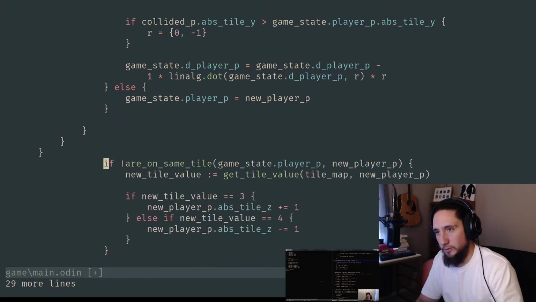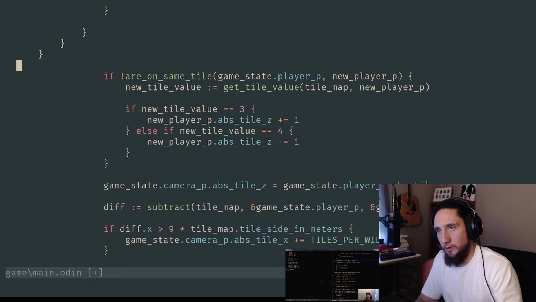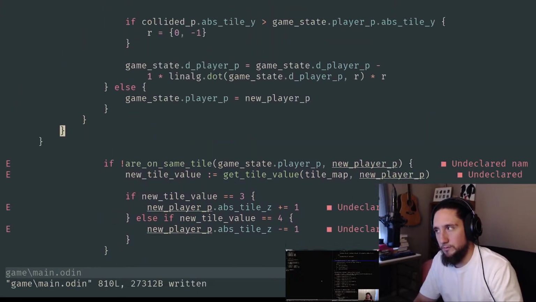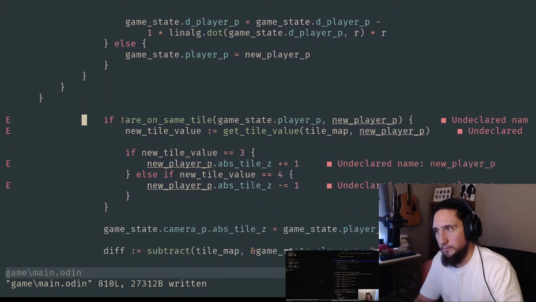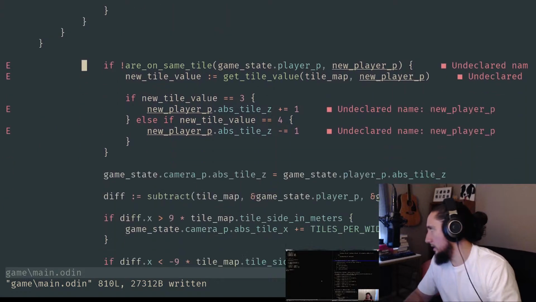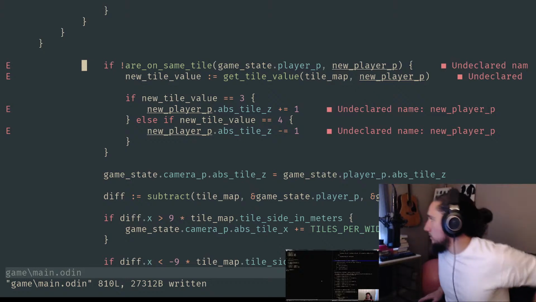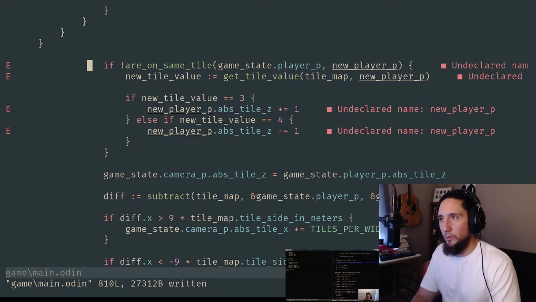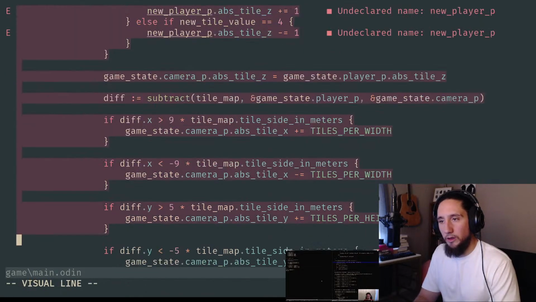And he's going to shove it just above the call to draw the backdrop. And new player P is gone, because he's just going to work off of the current one. Okay.